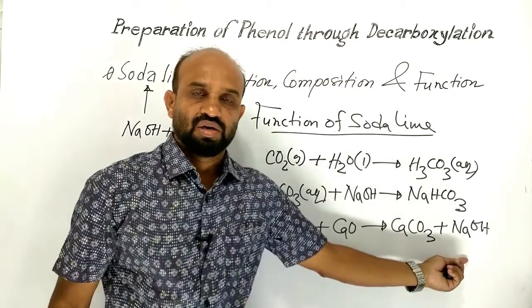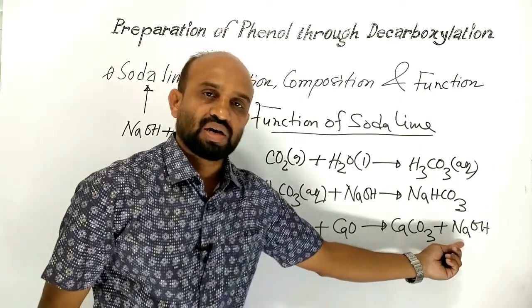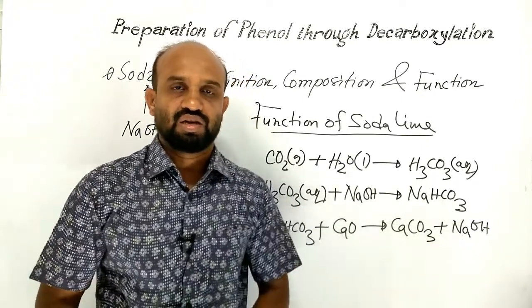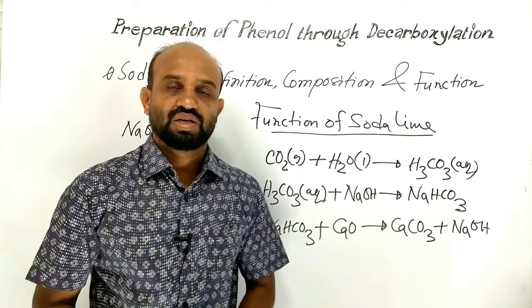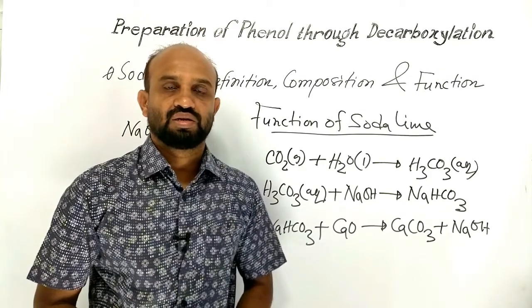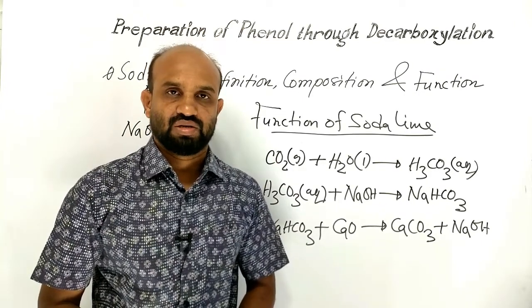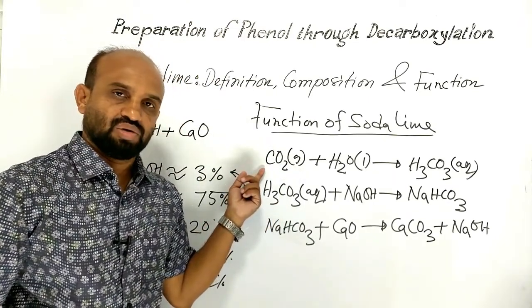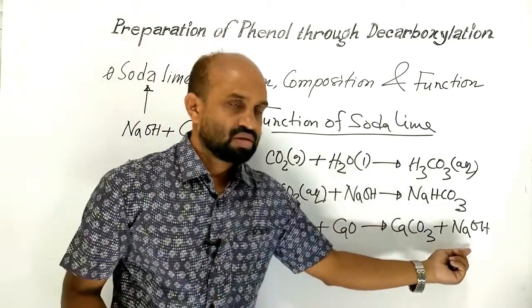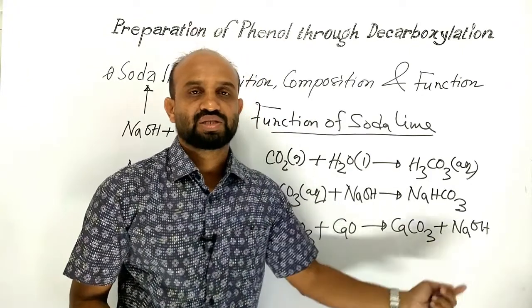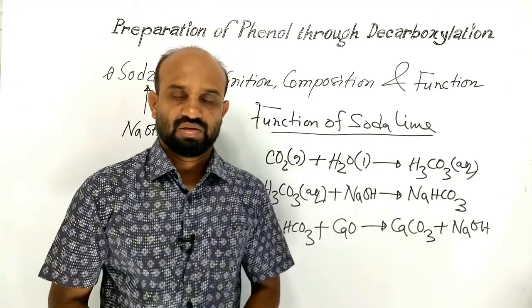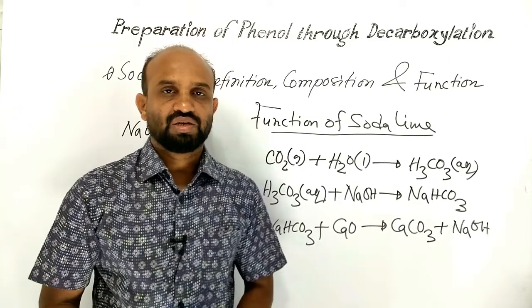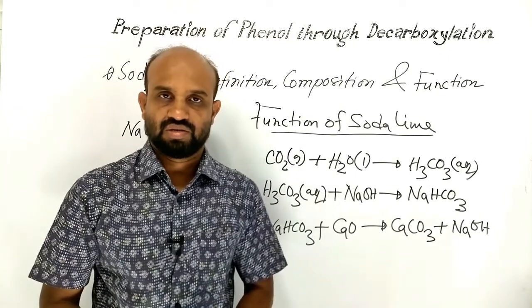That is, here sodium hydroxide undergoes recycling. This sodium hydroxide again participates in absorbing carbon dioxide through these reactions. So in this reaction, sodium hydroxide can be said to be a catalyst.